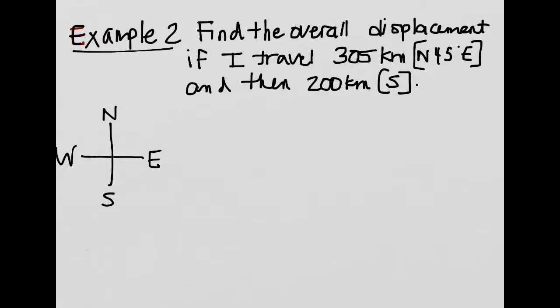So we're going to go north 45 degrees, oh gosh, that should be straight, it's curvy though for some reason. That way, 305 kilometers, and then I go 200 kilometers south. So then my resultant vector is something like this.